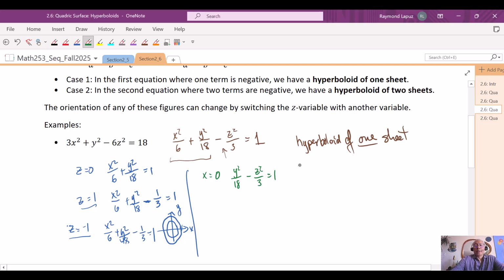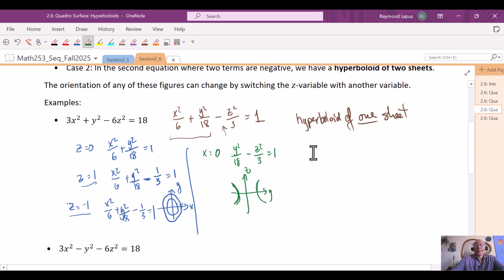And if I were to draw this on the YZ plane, this would be a hyperbola opening along the y-axis. So I'm just going to draw the rough sketch of the hyperbola without being too technical about the intercepts and things like that.